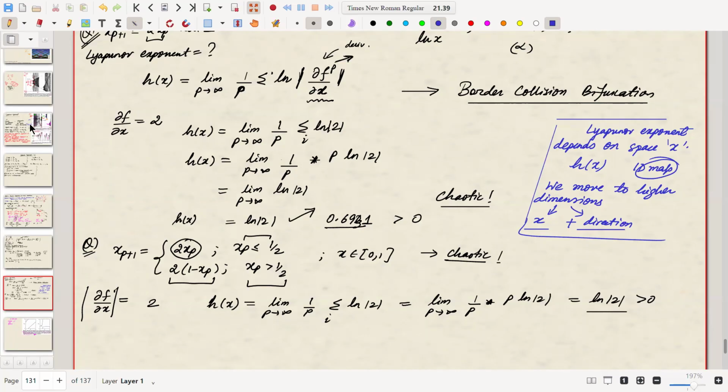In one dimension only, the Lyapunov exponent depends on the point x. Therefore, h of x is written. You saw h of x, right? I never considered directions here. But when you go to a higher dimensional map, such as the 2D Hénon map or a 3D map, there you will take the point of the orbit and also the direction in which you are computing the Lyapunov exponent. We'll not go into detail.